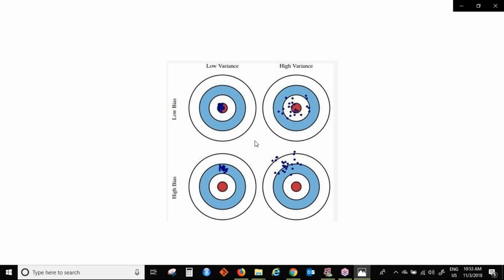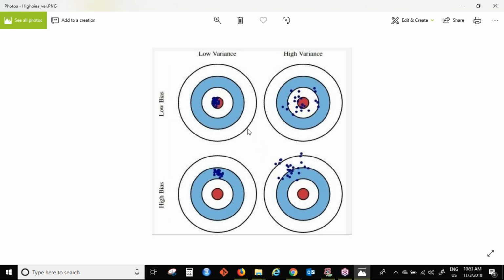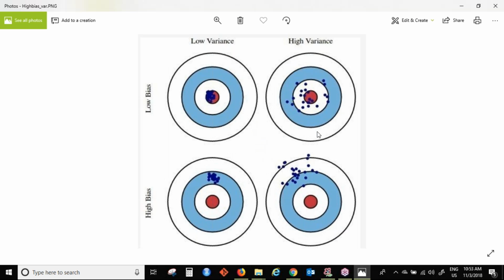Look at this graph and you will understand bias and variance. You have two axes here. This axis is your bias axis, and this is your variance axis.